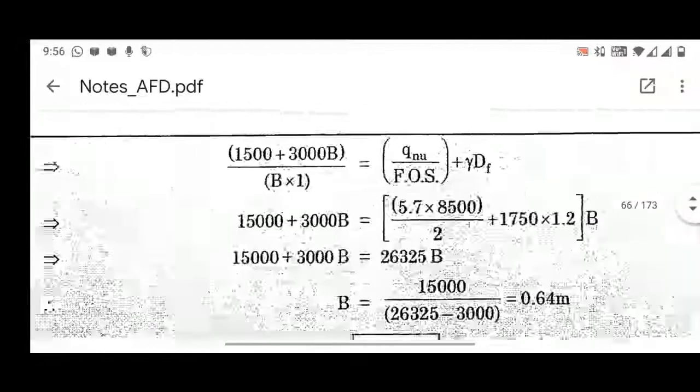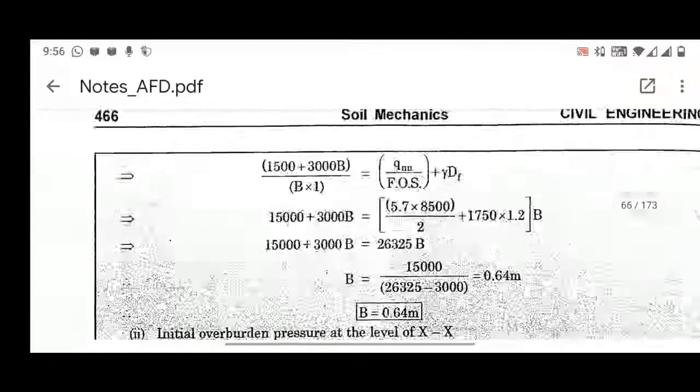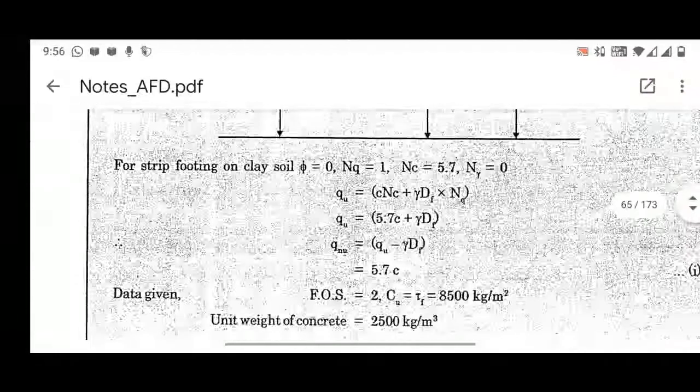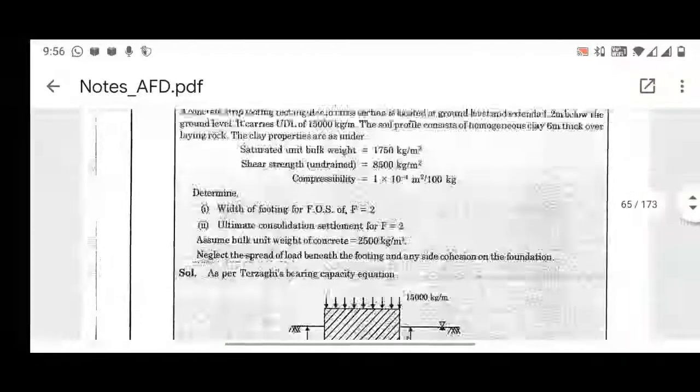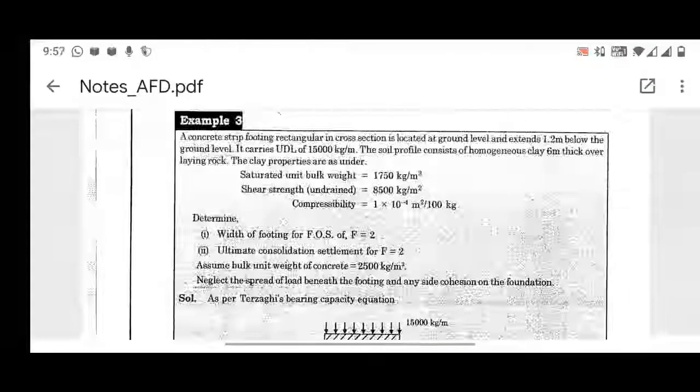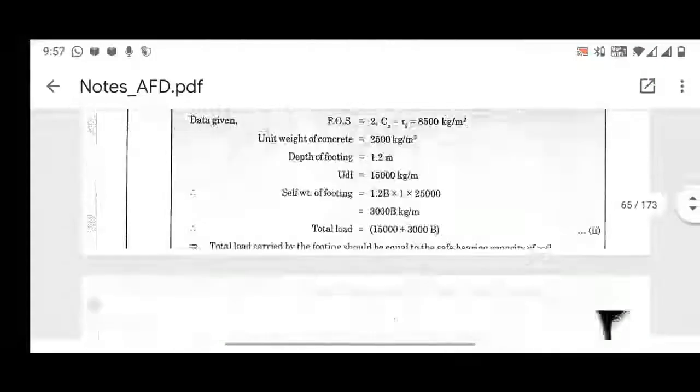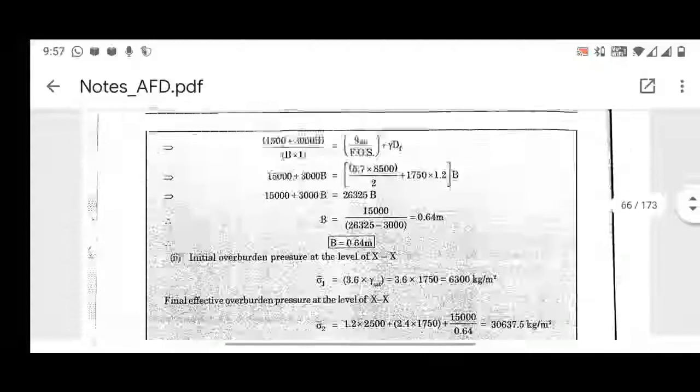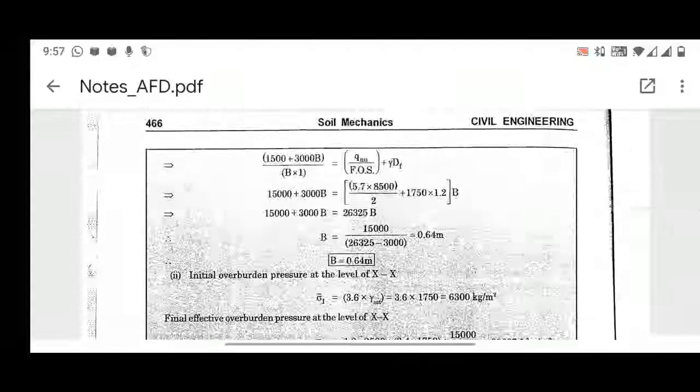So we multiply c and 5.7. Factor of safety is provided in the question. Plus gamma, unit weight is given as 1750. Okay, this is saturated unit bulk weight, 1750. So 1750 into gamma Df. Df is 1.2, that is, founded at a depth of 1.2 meter below the ground surface.